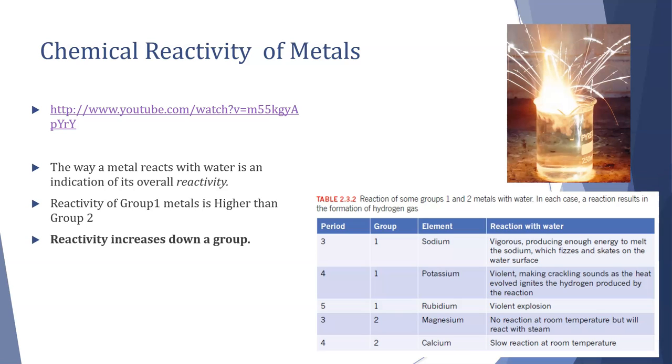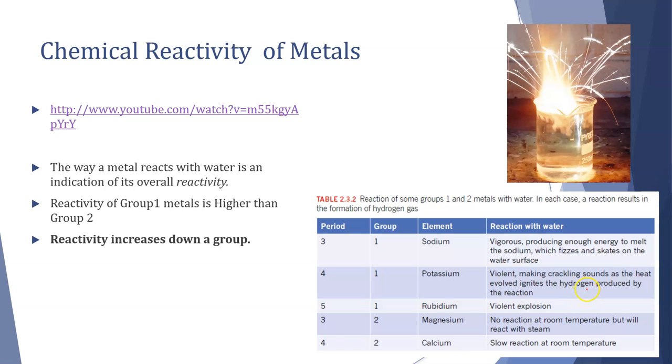The reactivity of group 1 metals is higher than group 2 because of their lower core charge, so they have lower ionization energies, and so the reactivity increases as we move down a group. We can see this with sodium having a vigorous reaction, right down to potassium and rubidium having violent explosions because of the exothermic nature and the rate of production of hydrogen gas.